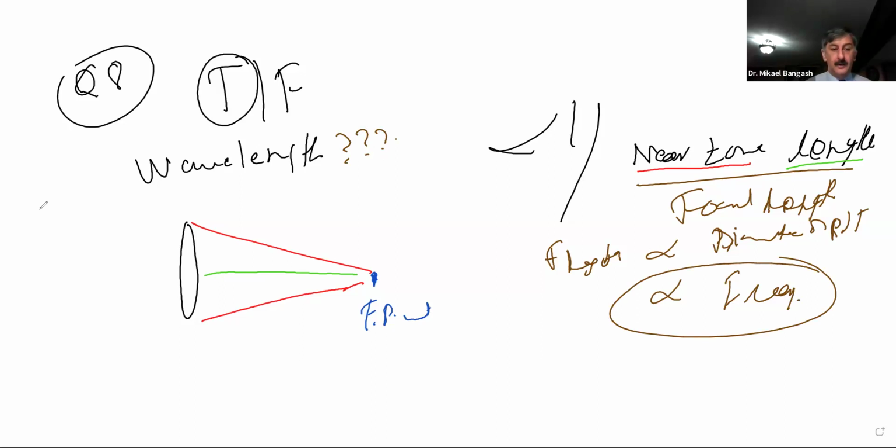So you can say, for instance, that if you had a greater frequency, you would have a greater, sorry, not focal depth or focal length, a greater near zone length. But what does this greater frequency mean?